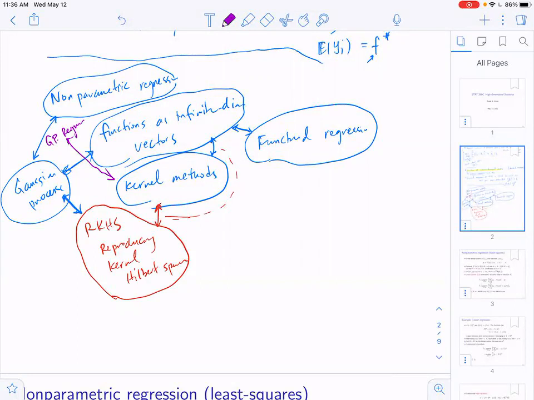I can't do a good job of drawing this, but all these ideas have connections to each other. So what I'm going to talk about is nonparametric regression, but aspects of these ideas would come in. I might talk a little bit about this idea.